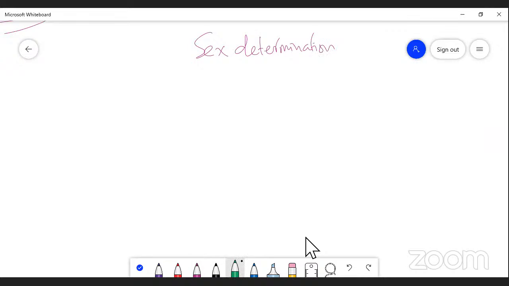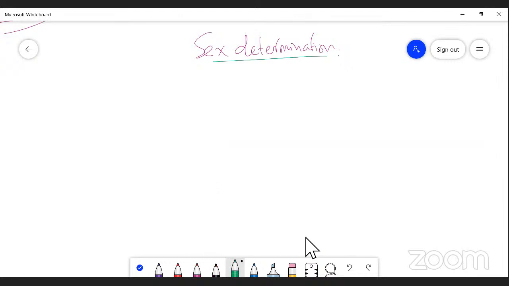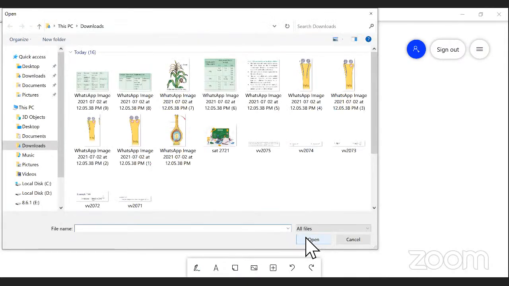Sex determination in plants. Here only one example is given, that is maize. I'm going to show you the picture of a maize plant. If you take a maize plant, there are two different kinds of inflorescence, one is the male and the other is the female inflorescence.